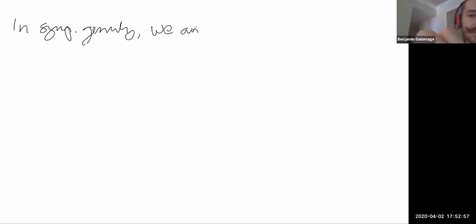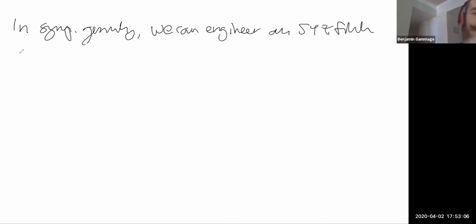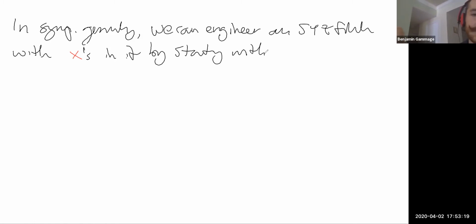And then on the other side, in symplectic geometry, we can engineer an SYZ fibration with some X's in it, by starting with a toric moment polytope and doing nodal trades.